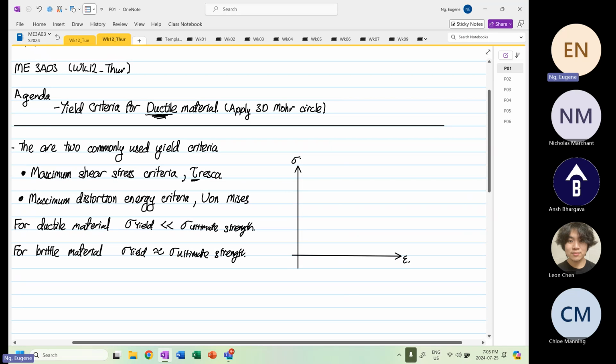For a ductile material, you tend to see this: a straight line, then this is what we call our stress yield. And when it peaks off, this is what we call our stress ultimate. So this is generally for ductile material.